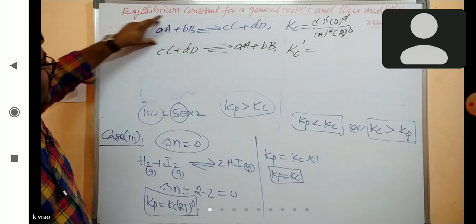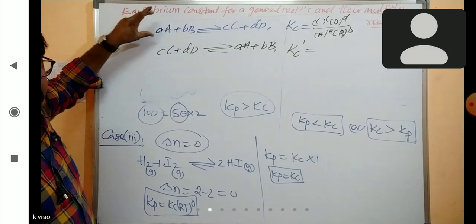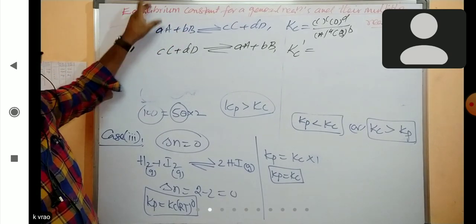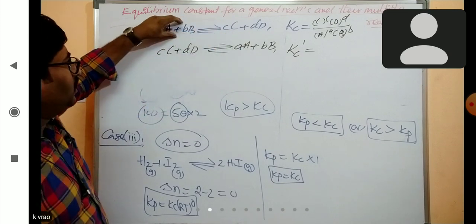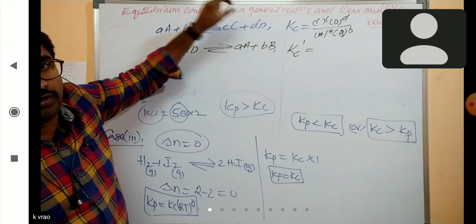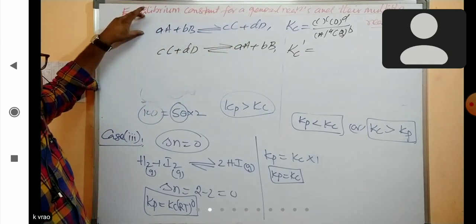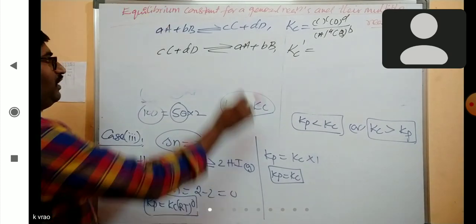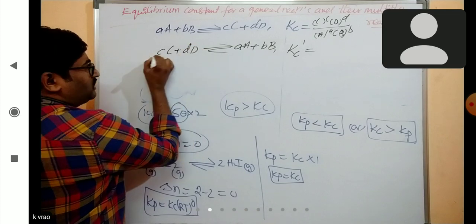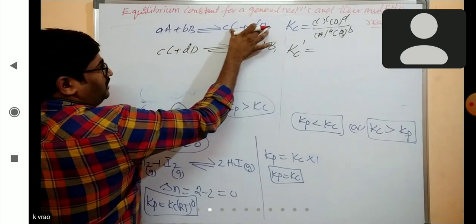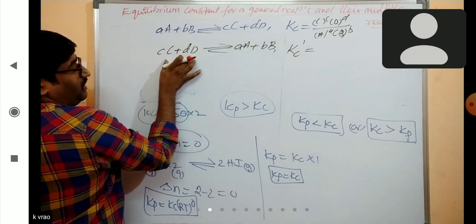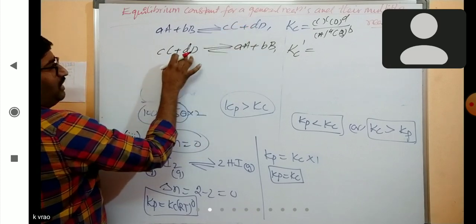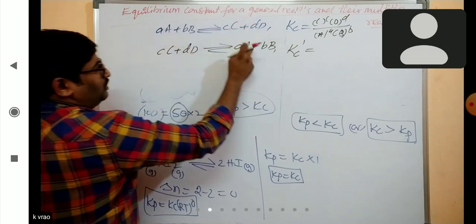This is a reversible reaction, so equilibrium will be attained from either side. If we take the reactants, we get the products; if we take the products, we get the reactants. In this reaction these are the products, but in the reversed reaction these are the reactants. So products come on the reactant side and reactants come on the product side.